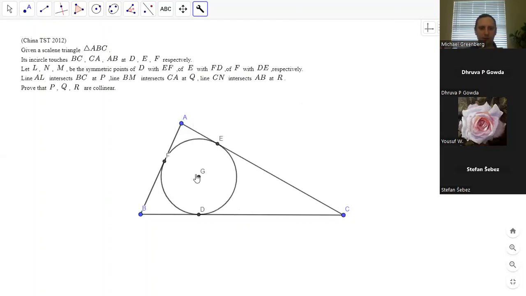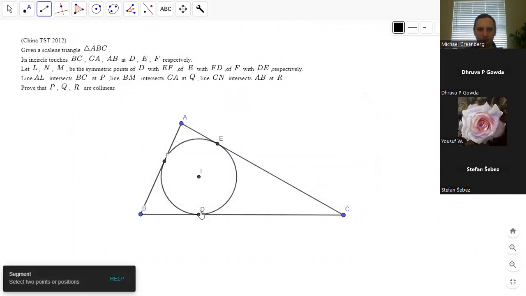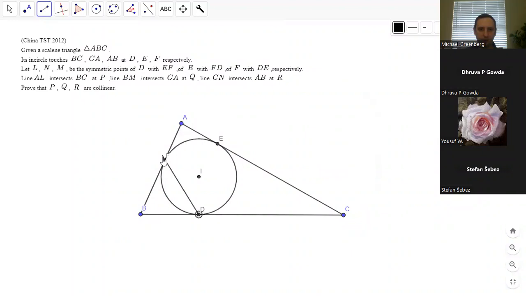We reflect D over EF, E over FD, and F over DE. So we use this tool to reflect D over EF, F over DE, and E over FD. That will give us a bunch of kites.